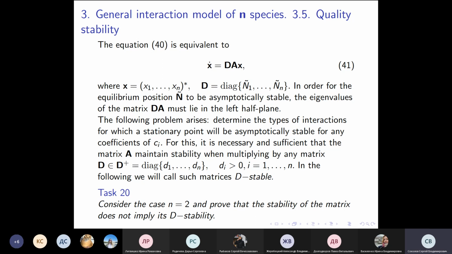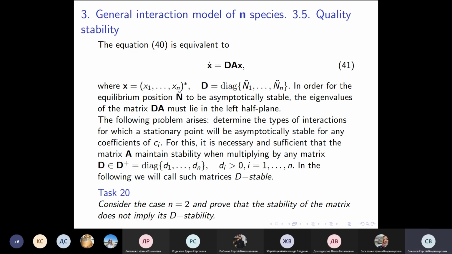So what is the reason for this problem? What's the idea of this problem? Our point N tilde depends on the coefficients Ci, and we usually do not know these coefficients for real-life models.